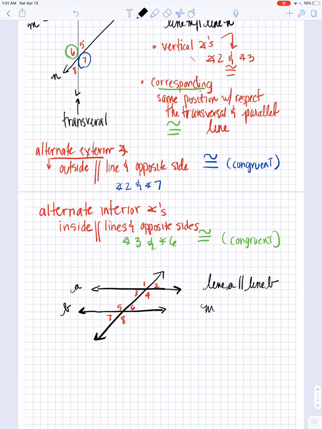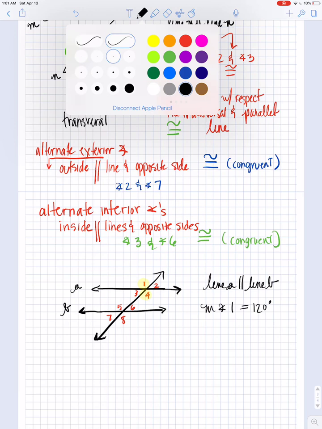So if I tell you that the measure of angle 1 is equal to, well, let's just say 120 degrees, guess what? You could tell me the measurement of all of the other angles just based on that one piece of information. And it has to do with everything we've just learned. So it's true that vertical angles are congruent. So if angle 1 is 120, so is angle 4.